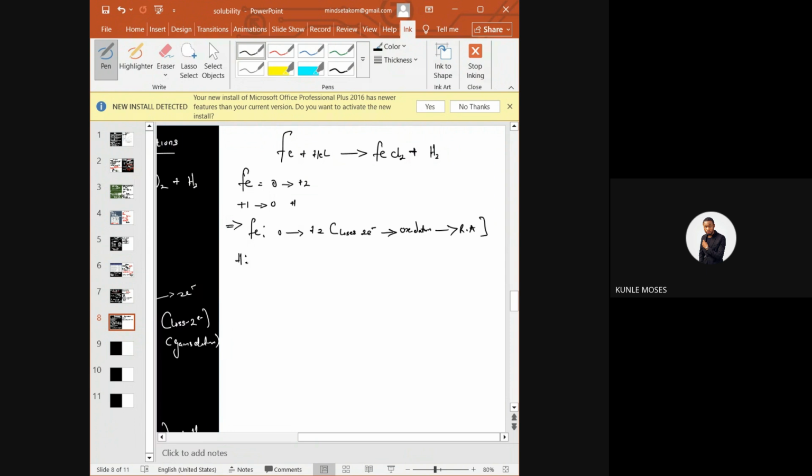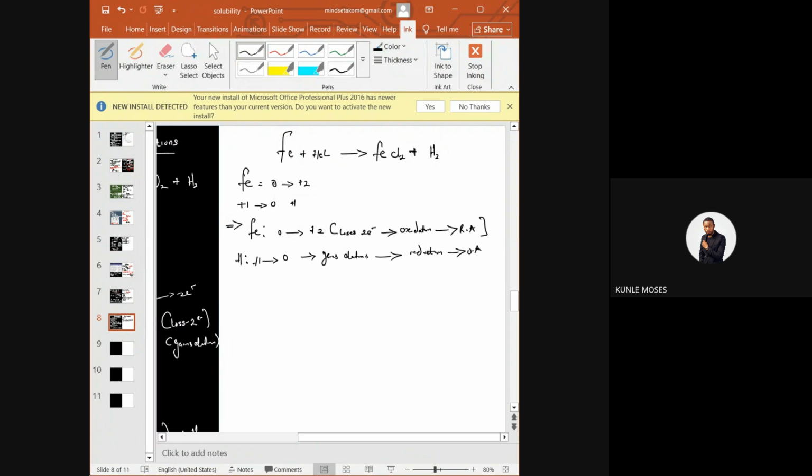So hydrogen is from +1 to 0. That means it is gaining electrons, and since it needs two, we multiply it by 2 for the electrons. That means it is going to undergo reduction, and it is the oxidizing agent.